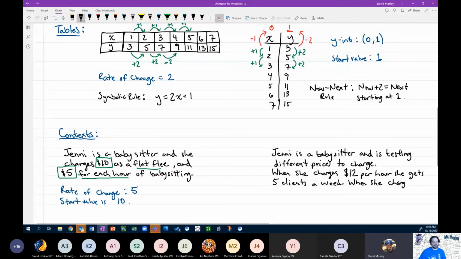When she charges $15 an hour, she gets 3 clients per week.